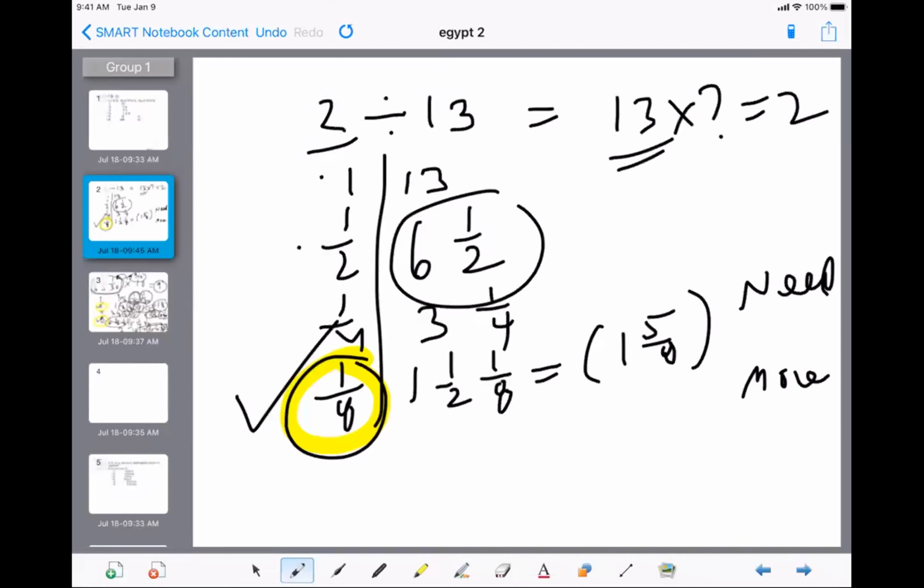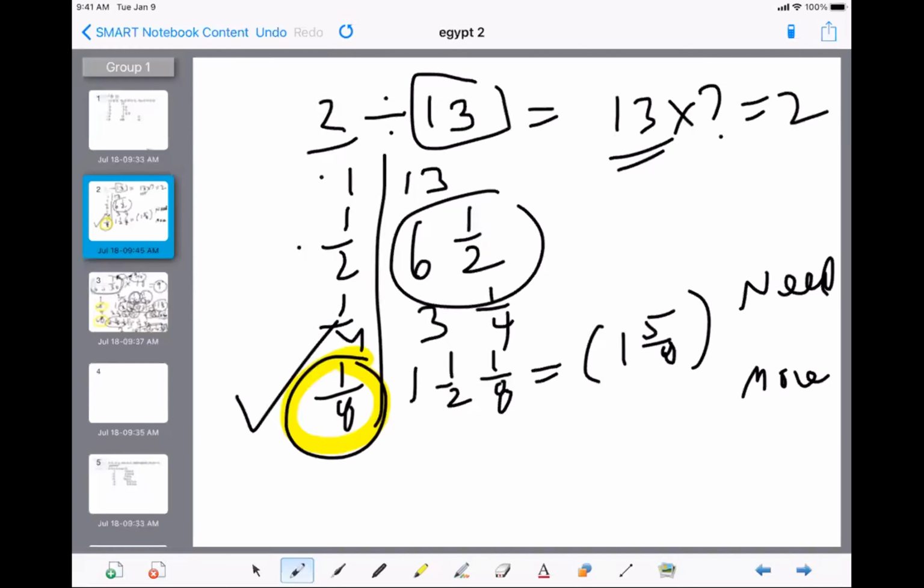Scott had mentioned this because it did seem inconsistent. But with multiplying, we use the thing on the left. We could use the thing on the right for multiplying. We still get the right answer. But for dividing, we must construct our chart because we're looking for multiples of 13 that add up to 2.